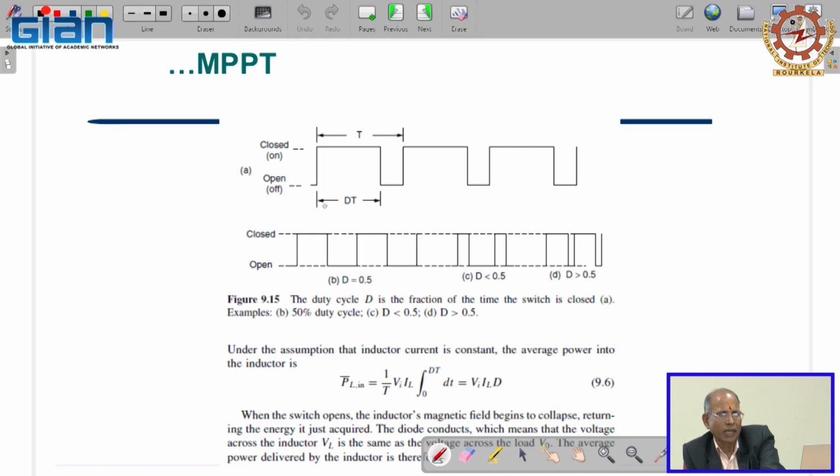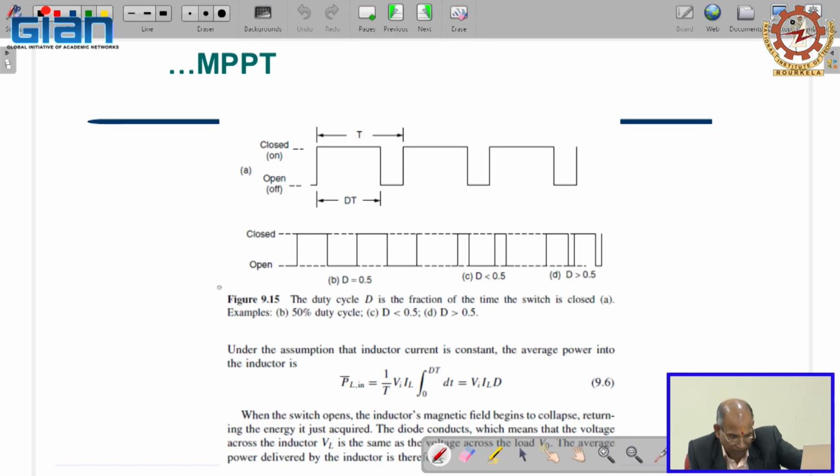So we can have the on time greater than the off time, or the opposite of that, or we can adjust both to be equal. So the duty cycle can be adjusted. What does it mean? What is its effect?